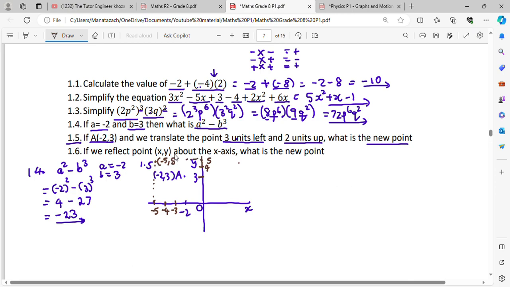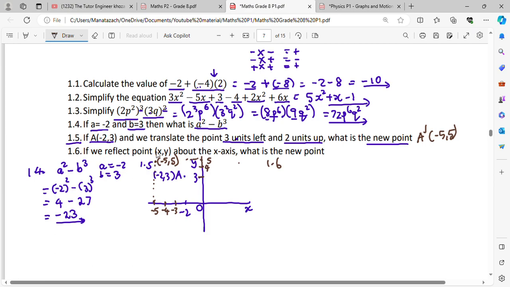So it's -5 and 5. That is going to be the new point, right? So your A prime will be -5 and 5. And then let's go to question 1.6.